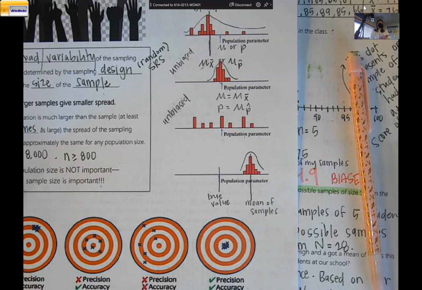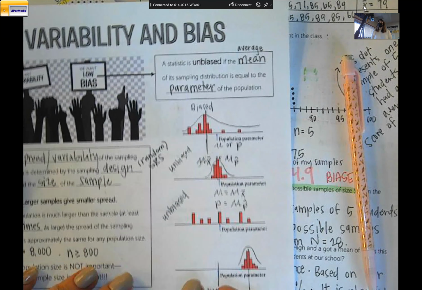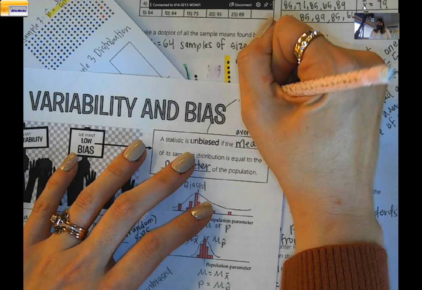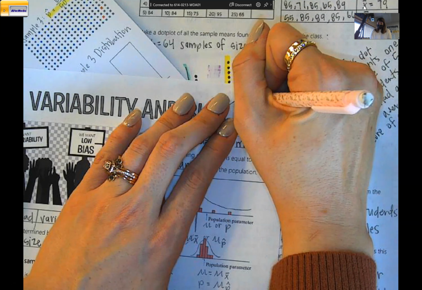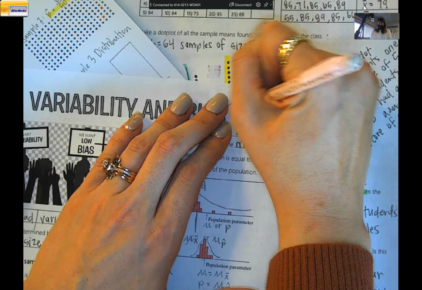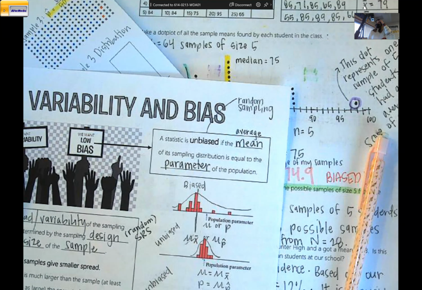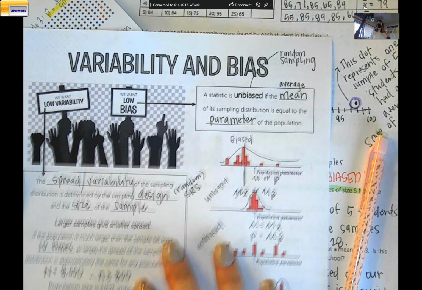So, before I forget, the only thing that affects bias is random sampling. Also, you cannot reduce bias.